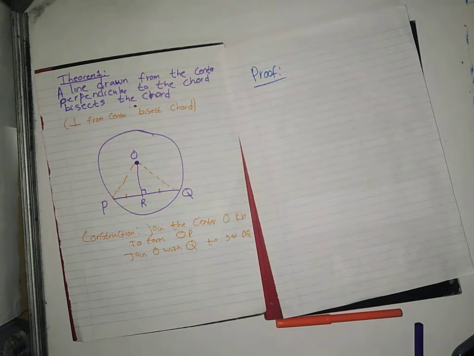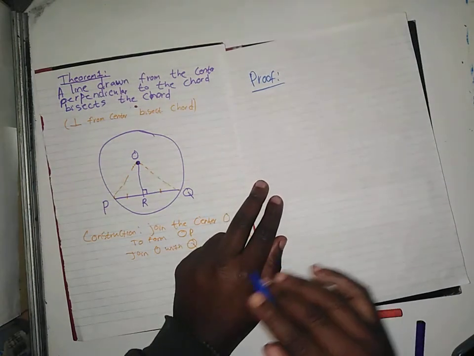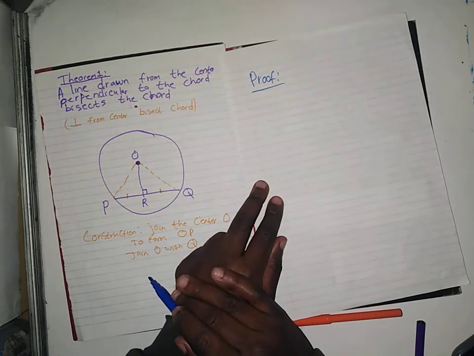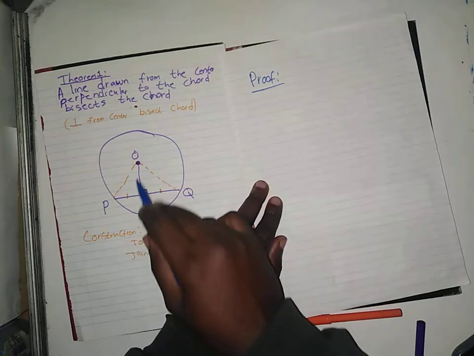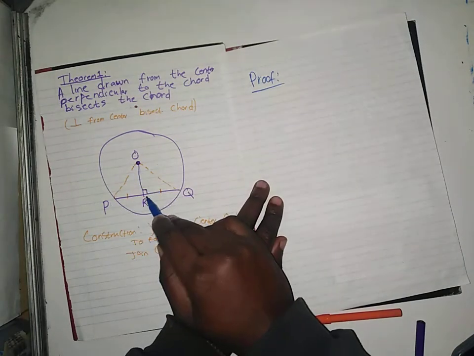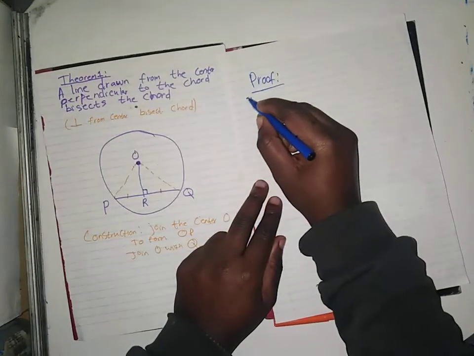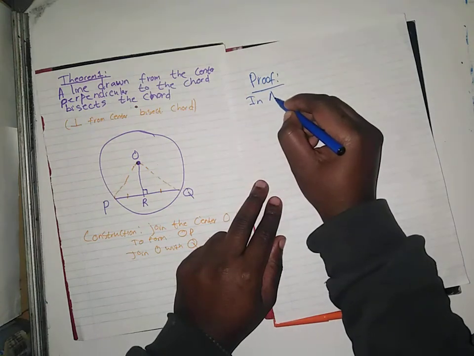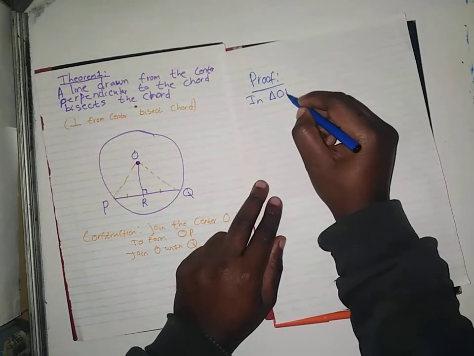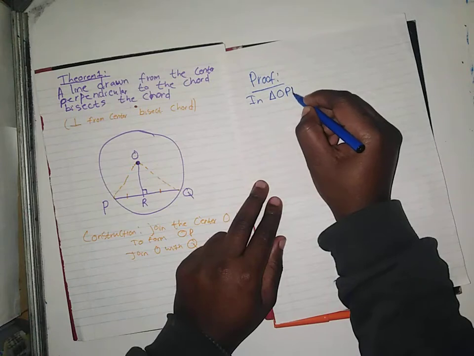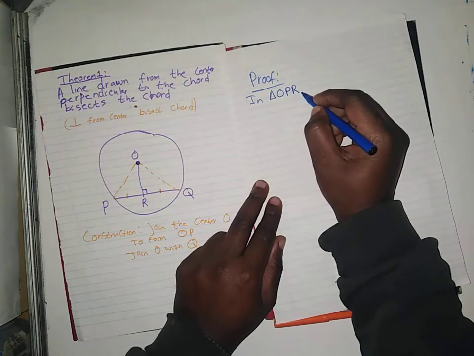Okay, so you've got two triangles. The first triangle that you've got is triangle OPR, which is this one, OPR. So in triangle OPR, can you see that?